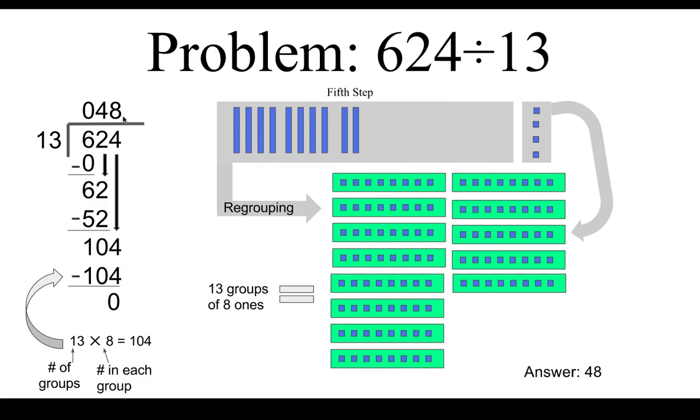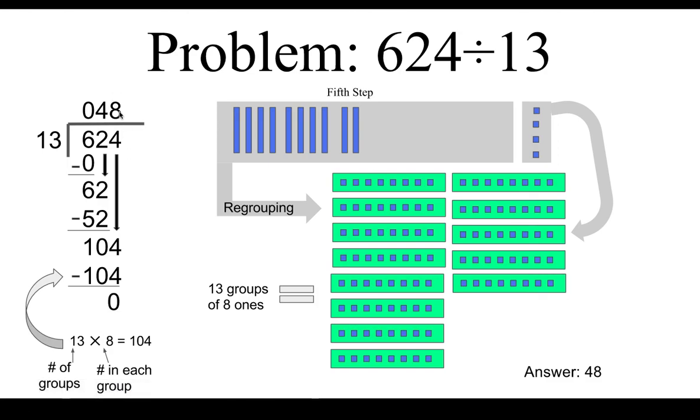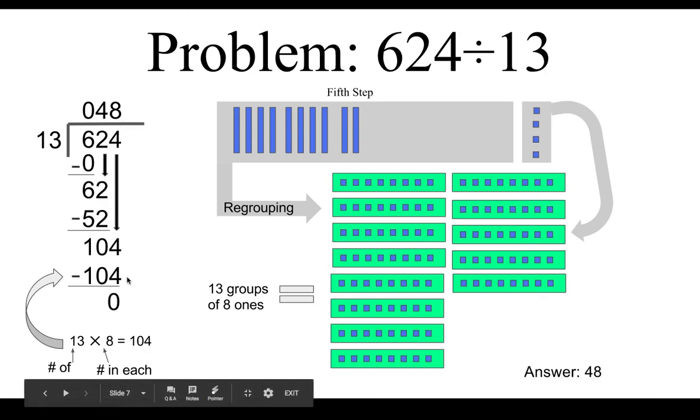And you can indicate that on the algorithm by putting the 8 on top of the 4 and then next to the other 4. So it would be the 13, which is the number of groups, times the 8, which is the number in each group, is equal to 104 1s.